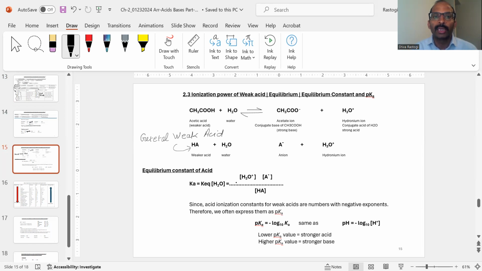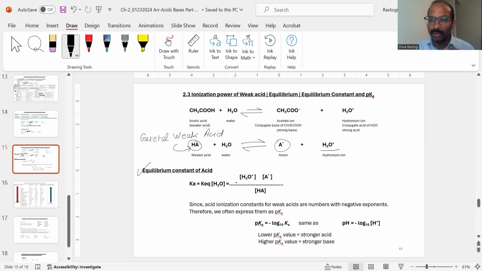HA, H for hydrogen, A for anion. When it dissolves in water, it exists in an equilibrium, forming an anion, A minus, and hydronium ion.